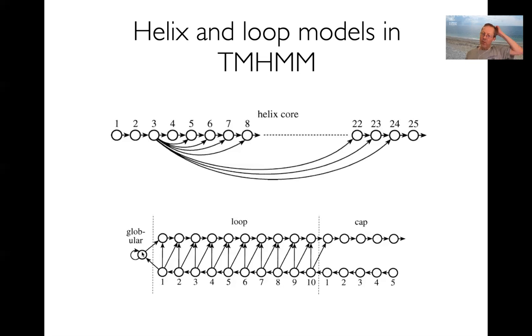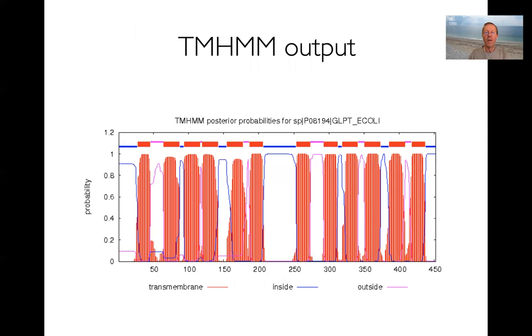So this is how the underlying architecture of TMHMM was built. And then a large number of transmembrane proteins with known topologies were used to train it, basically to estimate all the parameters, and finally give you a prediction method.